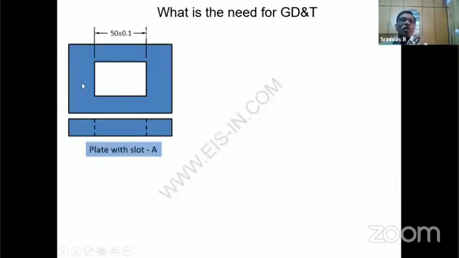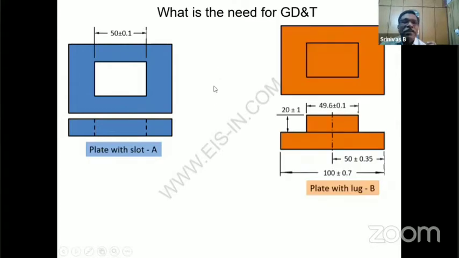So now, with that, I would go to another thing. Gentlemen, I hope you know what this is. This is a plate having a pocket. Now, this is a plate having a lug on that, maybe welded or it is an integral part, whatever it is. Now, I would like to ask you to guess, not to say, what is the MMC of this? MMC of this is 49.9.